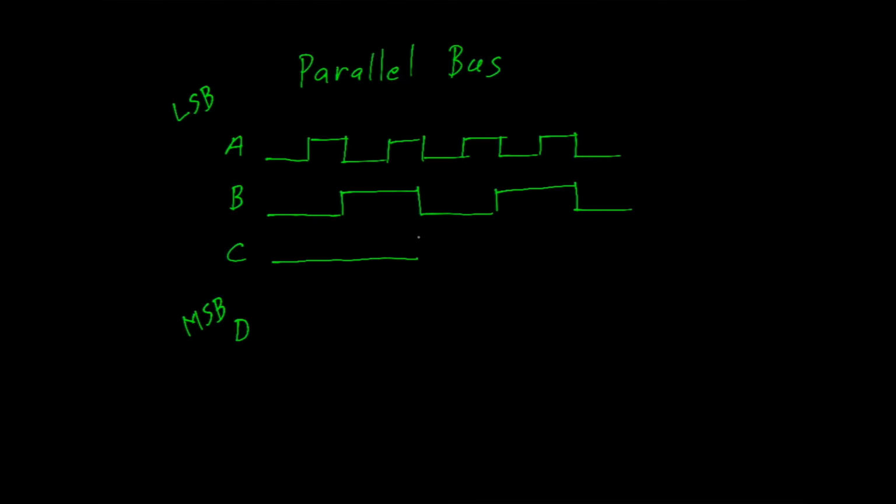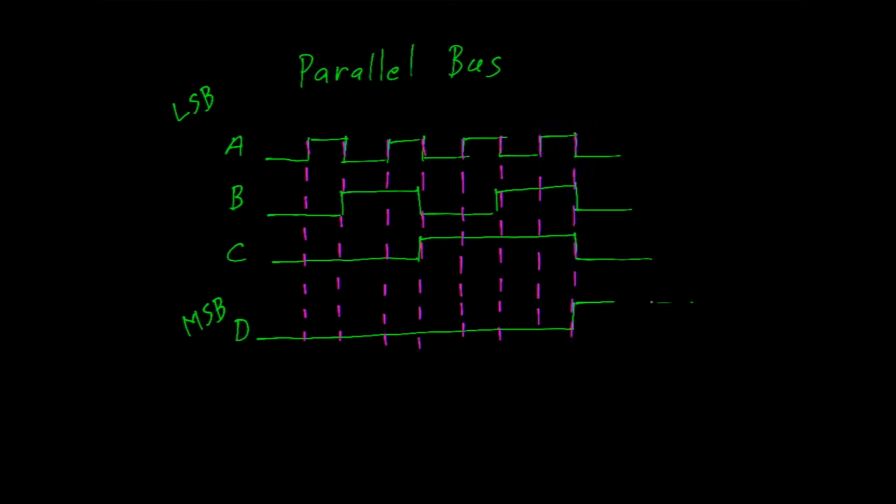C is another square wave, half the frequency of B, and we'll show just a little bit of D, yet another square wave with half the frequency of C. In this example, we use the word bus, which implies that the wires are somehow working together to provide a common signal.